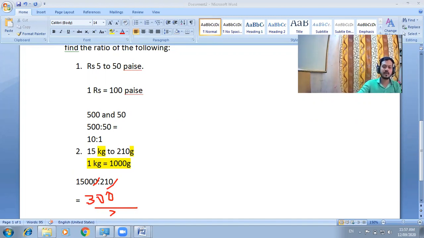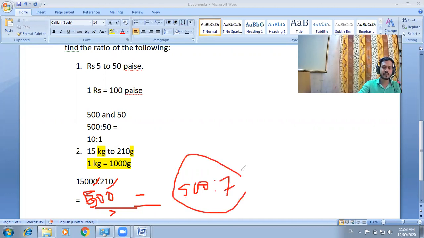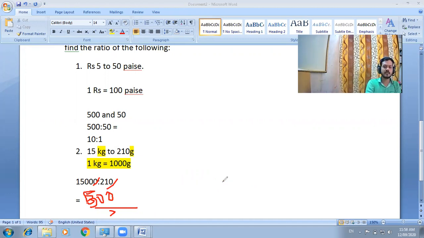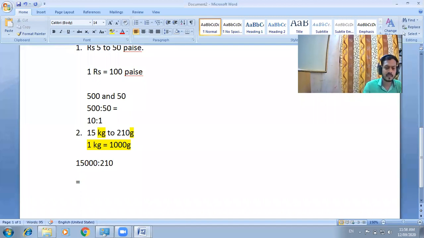So finally the answer is 500 raised to 7. It is the required answer for this second question. Similarly you can solve the other questions. All the questions are very similar to the first and second.